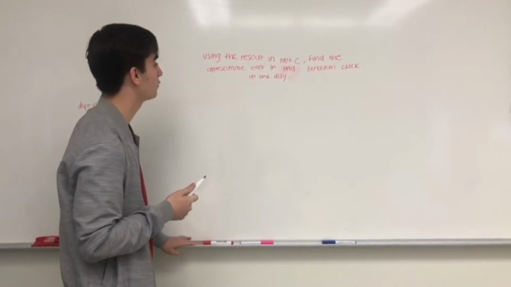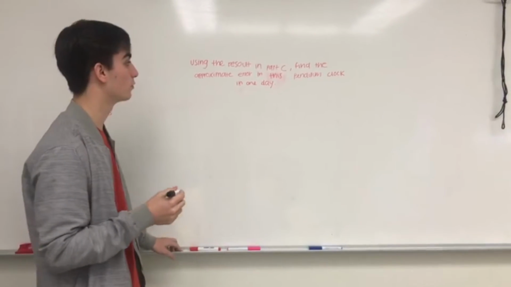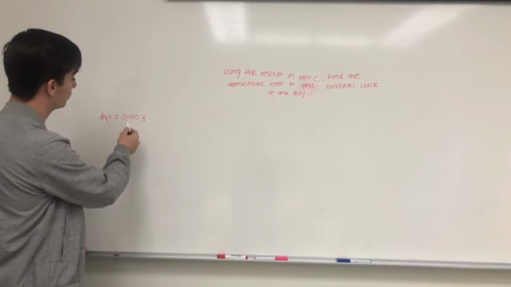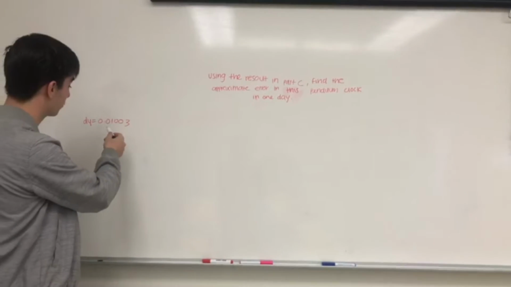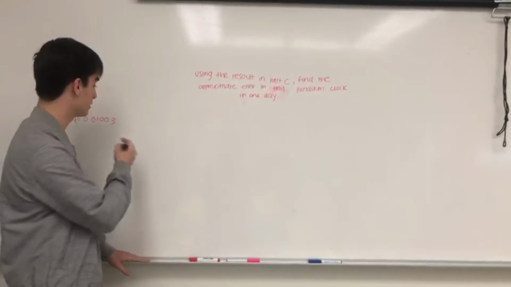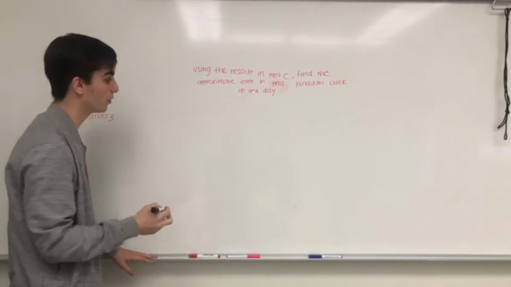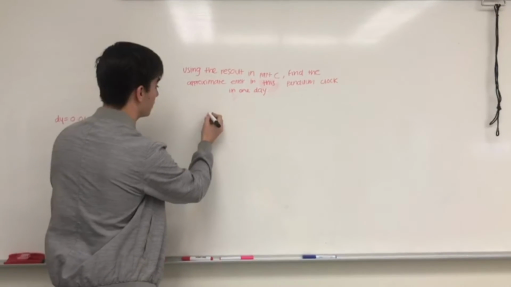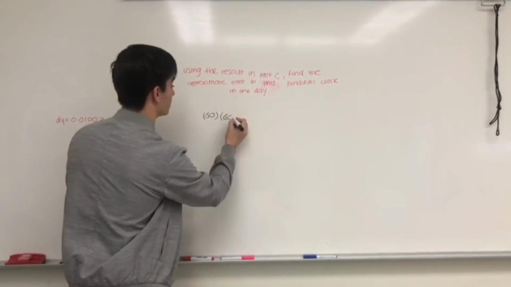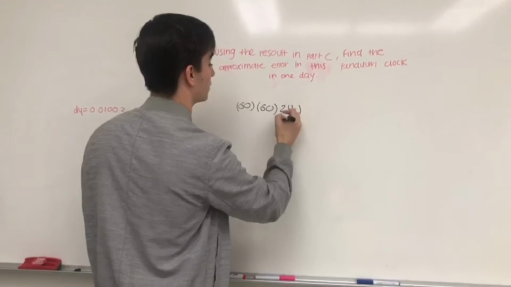In part D, we need to find the approximate error this pendulum clock has in 1 day. We're going to use the result in part C, which is dy equals 0.01003. We know that this is equal to the error per second, and in a day there are 60 seconds in a minute, times 60 minutes in an hour, times 24 hours in a day.